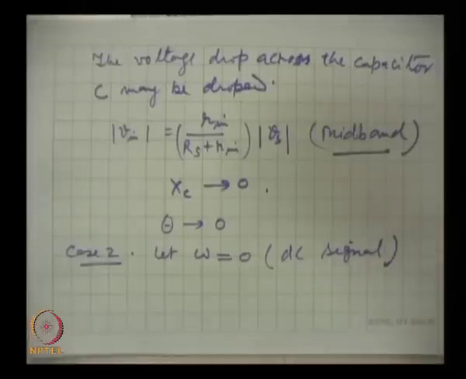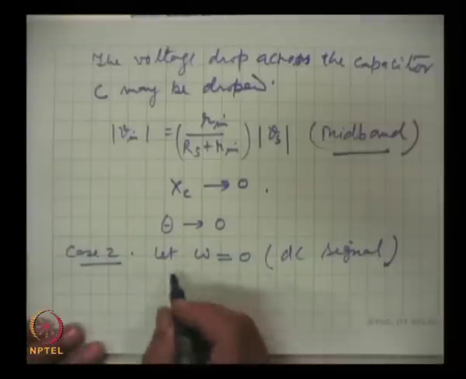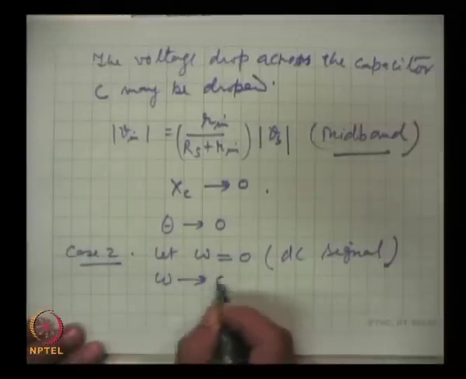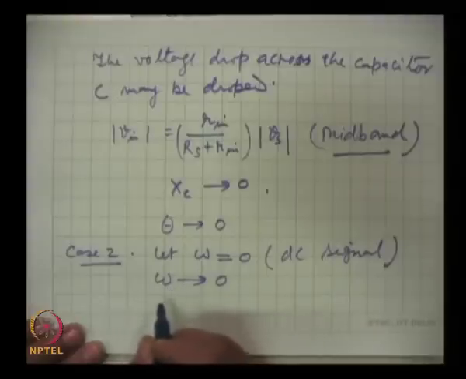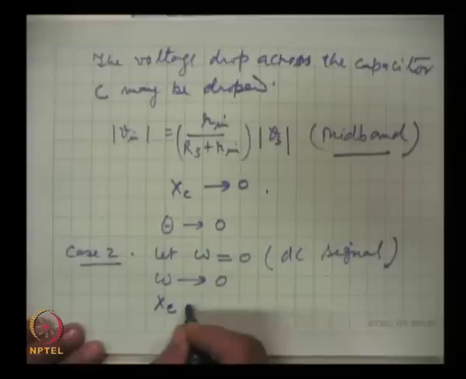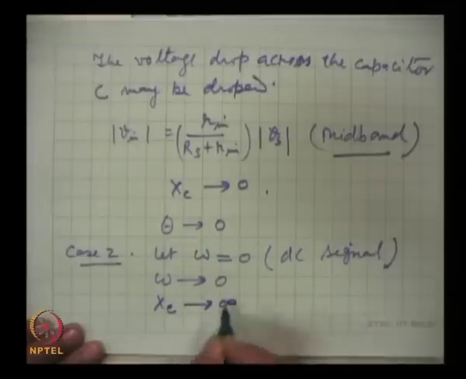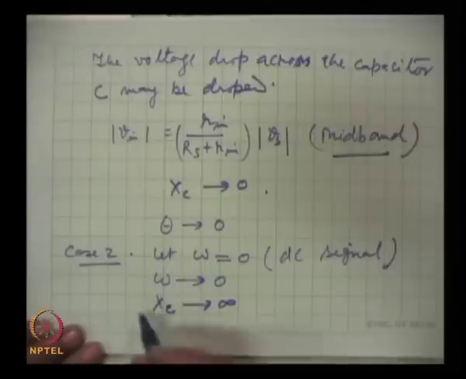The frequency of the input signal drops almost to 0. In this situation, when omega, the angular frequency of the signal, tends to 0, then reactance tends to be infinity, and in this case this will completely block DC.